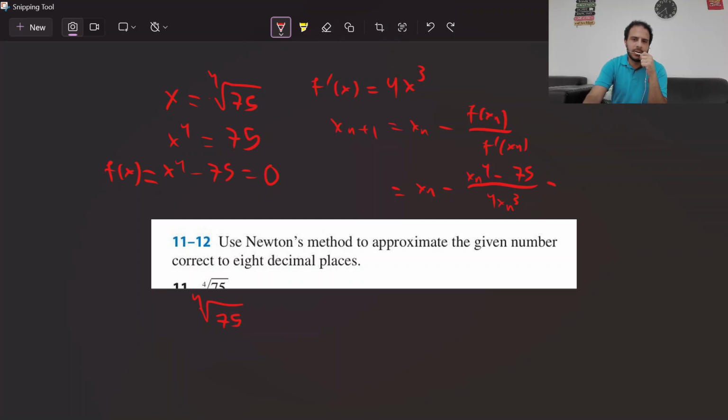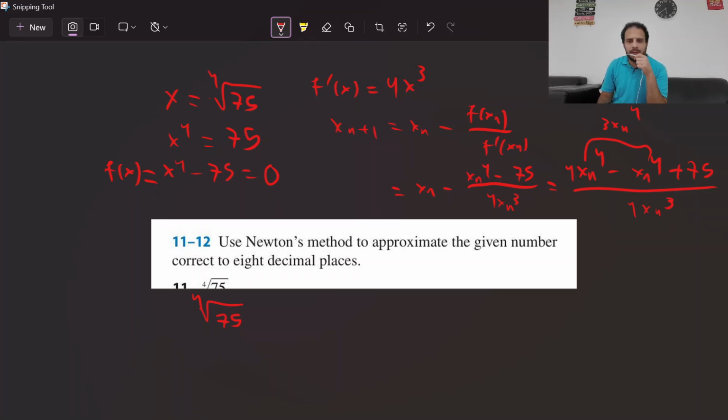So multiply by 4xn cubed over 4xn cubed. You get 4xn to the 4 minus xn to the 4, so minus xn to the 4 plus 75, over 4xn cubed. This is 3xn to the power 4, plus 75, right?